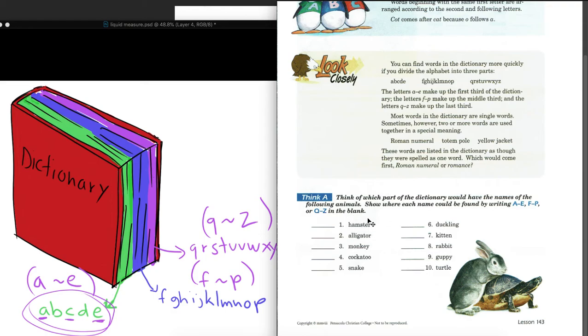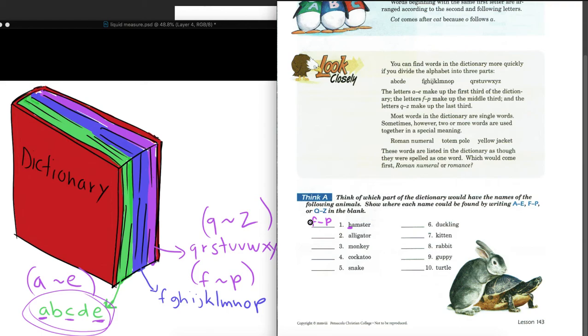Will we see hamster located in A through E, F through P, or Q through Z? Which group? We know that hamster starts with an H, and H is in F through P. So you would write F dash P here, okay? Because that's where we would find it.